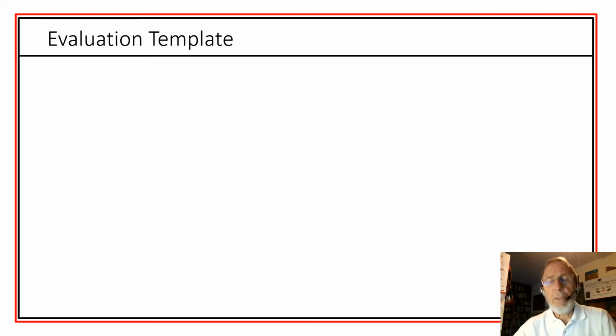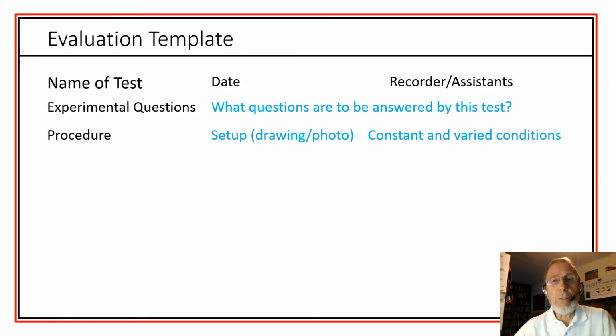I'm going to suggest here that we have a template. This template includes certain components, certain kinds of information that you'll want to have defined for any evaluation process that you're going to implement. First of all, we need a name for this test that we're going to be using. Descriptive name, so we know just by looking at it what it is, so that we or another reader can easily look at it and know what this evaluation is all about.